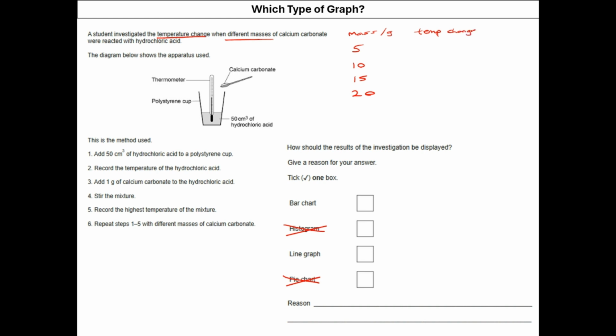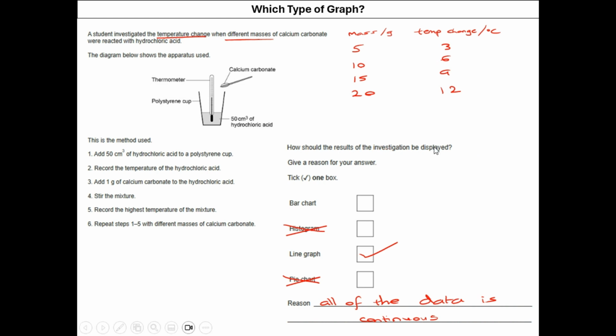Well, that would be in degrees C. That would be numbers. So 3, 6, 9, 12. They would both be numbers. So line graph. Reason, all of the data is continuous. Now that question was harder because I had to give a reason for a start and because I couldn't just see a table. I had to work out what the table might be.